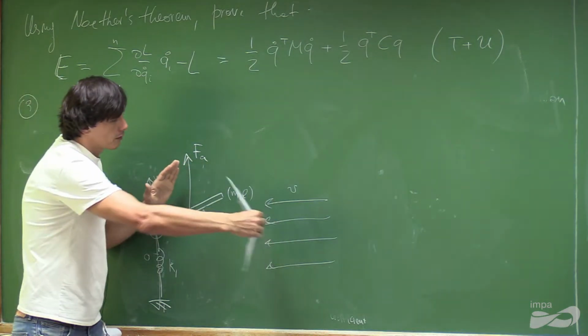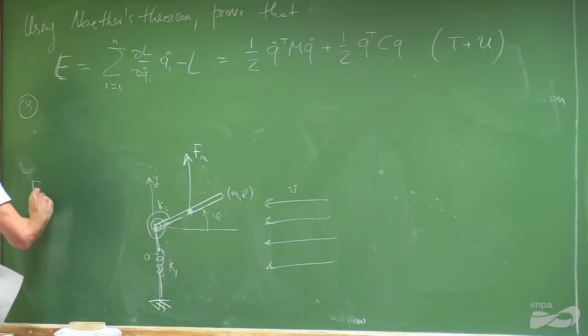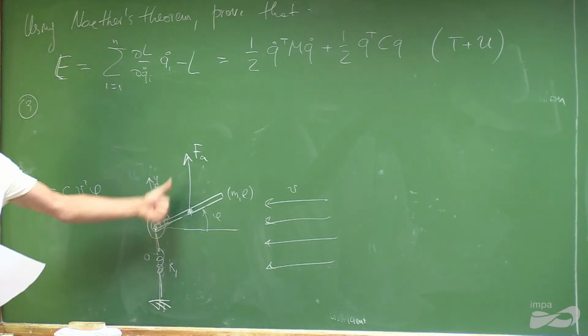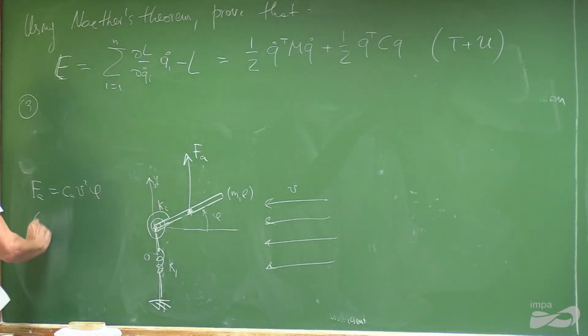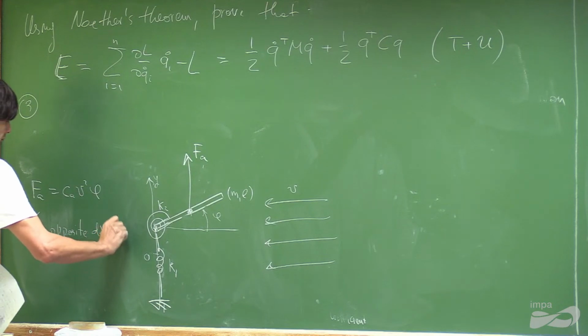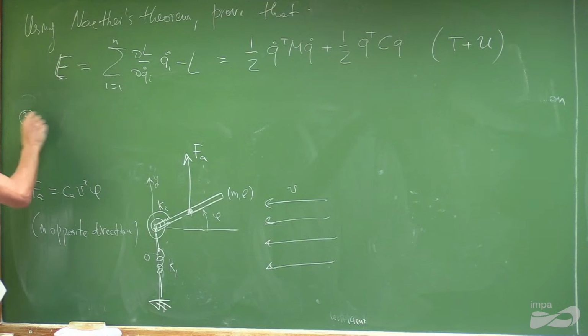If it's from the right, it will push it up. So the same force, but turned in a different direction. So that's an example which will be called divergence.